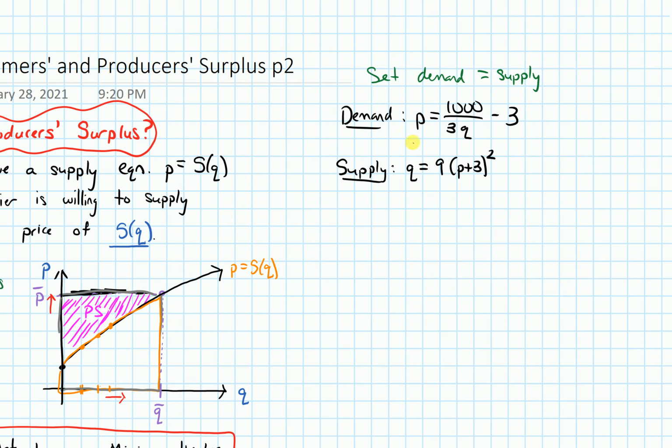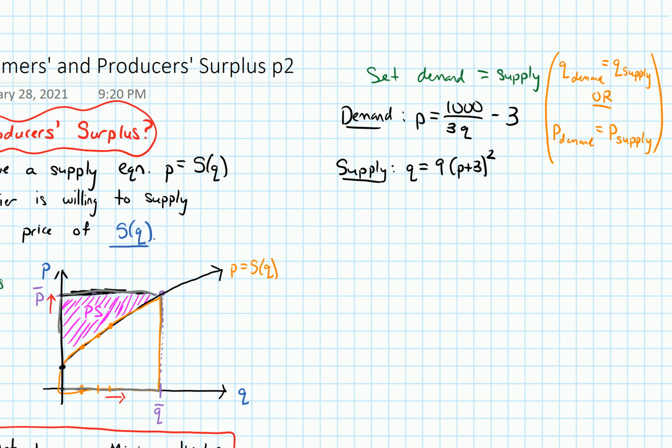So in this context, I could be setting the Q that comes from the demand equal to the Q that comes from the supply. Or I could isolate P in both of them and set the price from the demand equal to the price from the supply. Those are my options here.